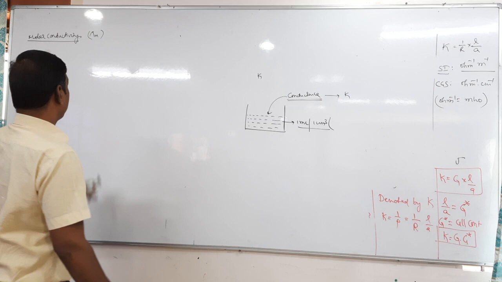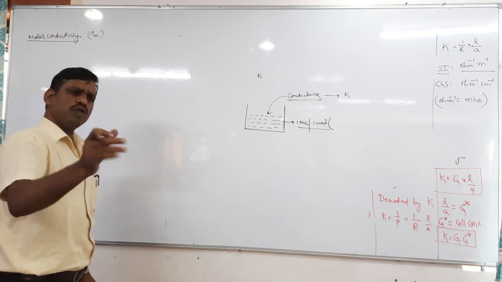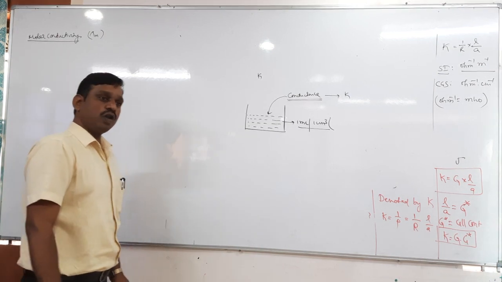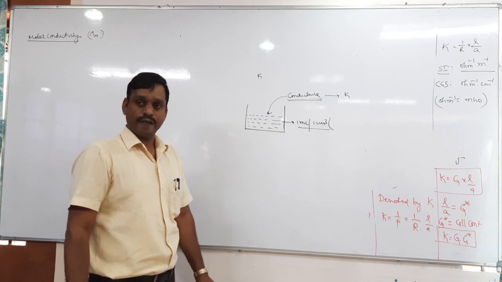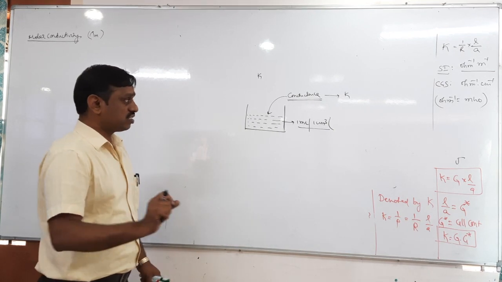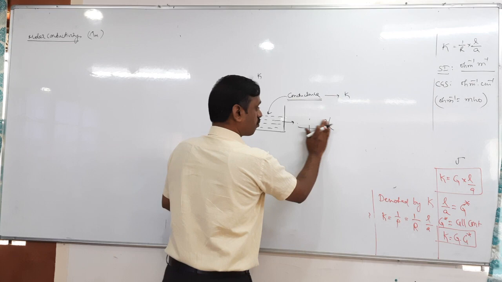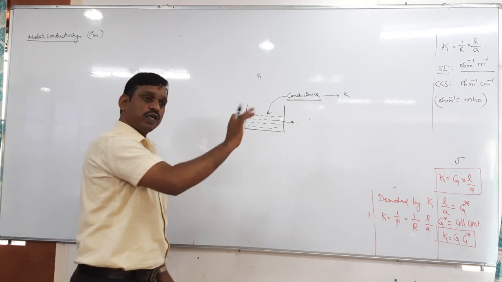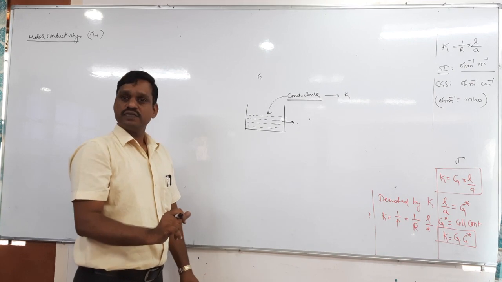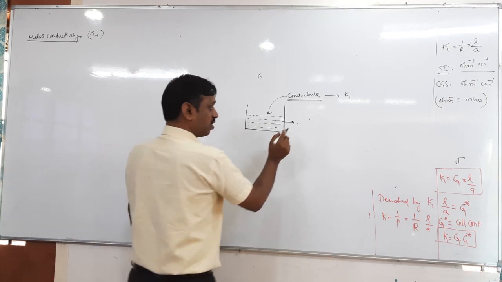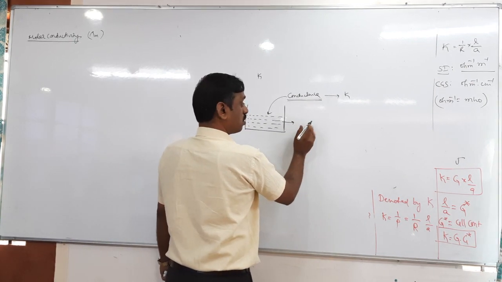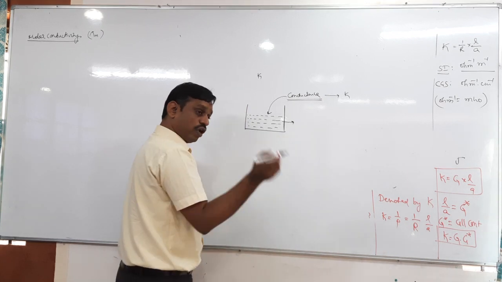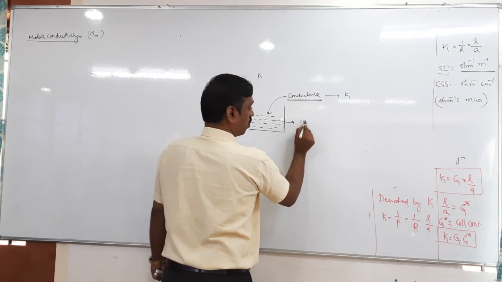Now, molar conductivity, which is also called molar conductance. What is molar conductance? In this case the volume is not fixed. Take the volume whatever is given. But what is fixed here? The amount is fixed, that is 1 mole.